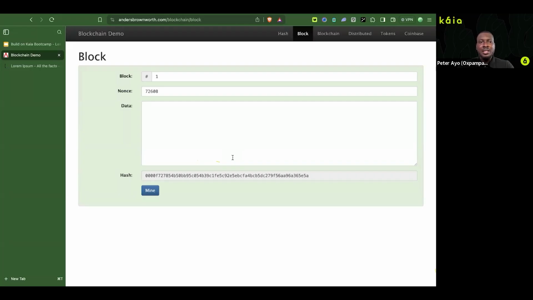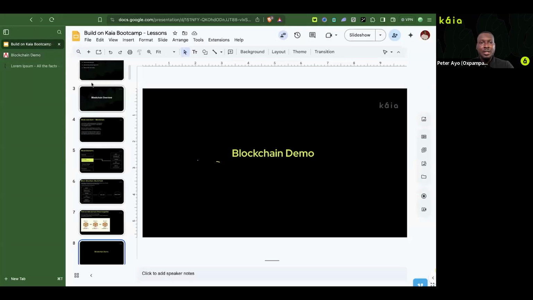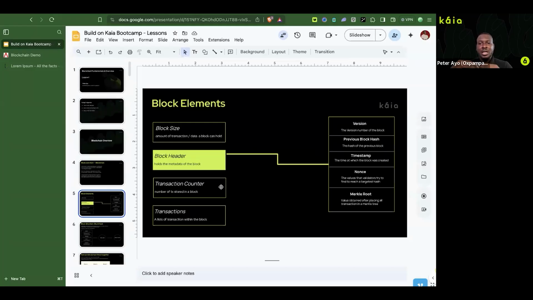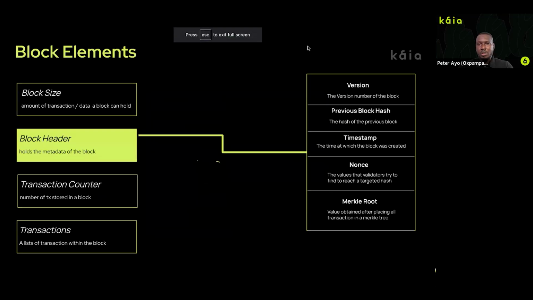So Merkle tree is basically a mechanism where the transactions on the blockchain are being tied together, and it returns a value. Let me return this back to. So like it's written here, a Merkle root is a value that is obtained after placing all of the transactions in a Merkle tree. So a Merkle tree is a sort of tree that highlights how all transactions are linked to each other.